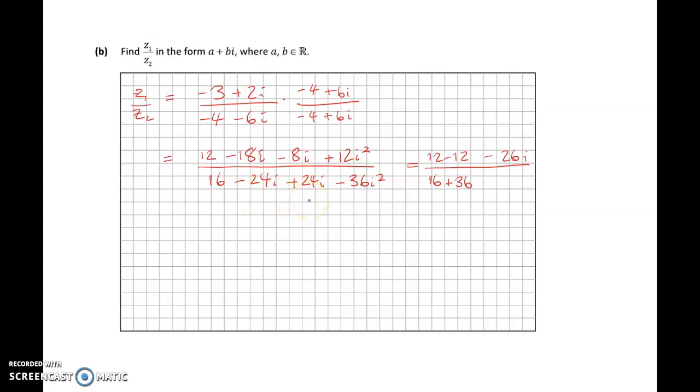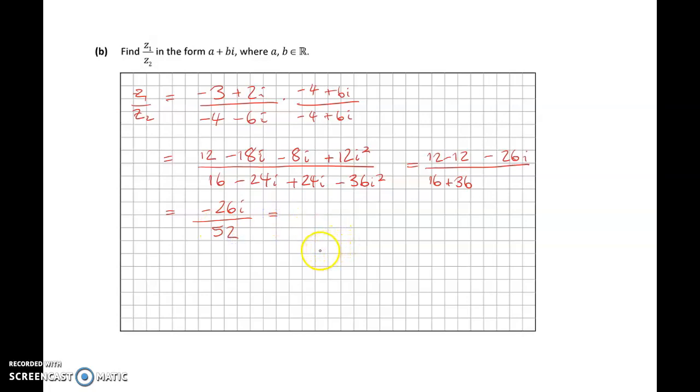And that's the whole point of multiplying by the conjugate of the denominator. You want it such that the i's disappear from the denominator. Now here we happen to have a situation where the real parts on the top also cancel out. And we are just left with minus 26i divided by 52.